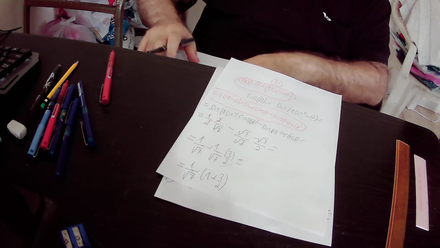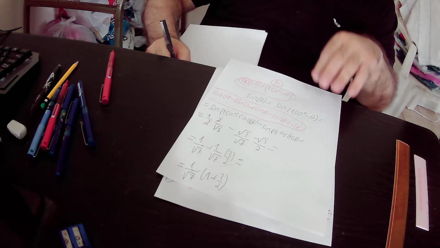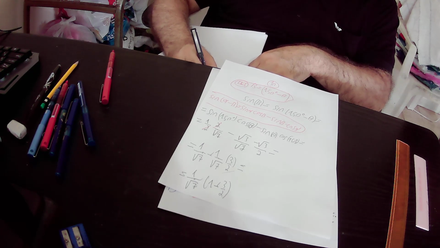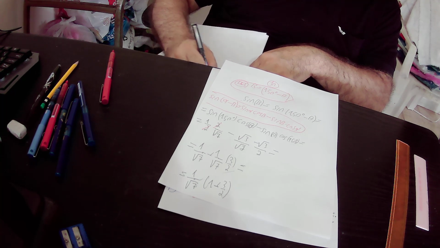So the value of sinus beta equals 1 over root 7 times 5 over 2.